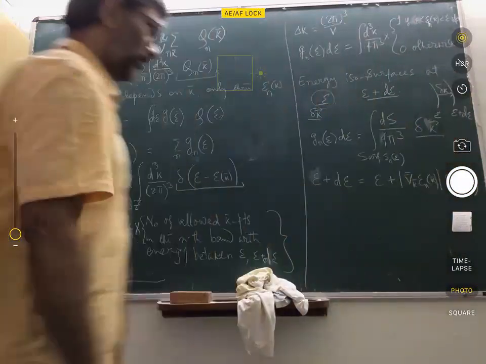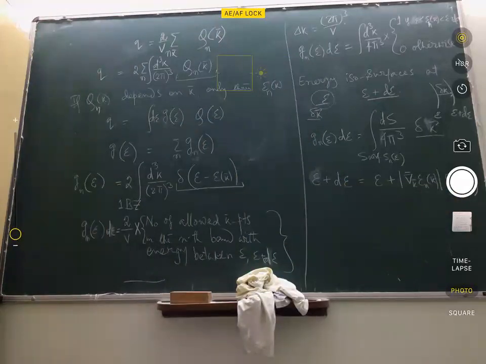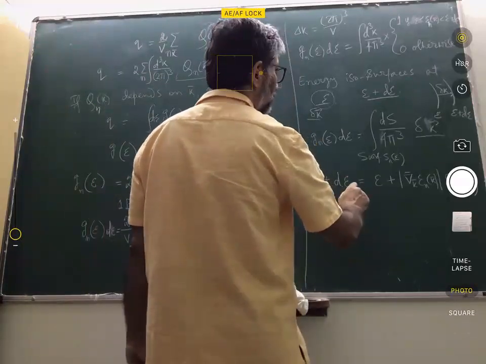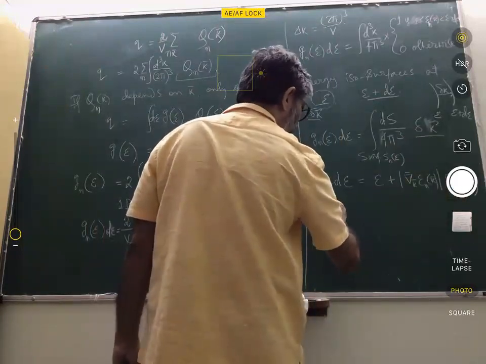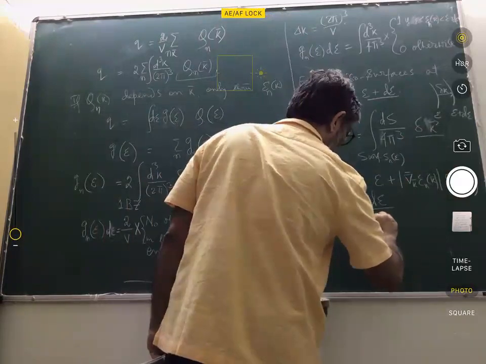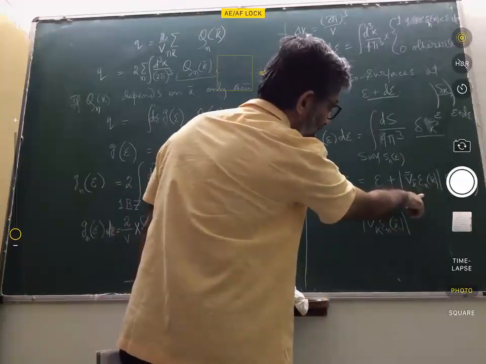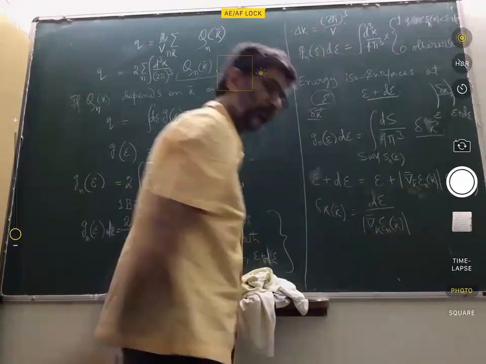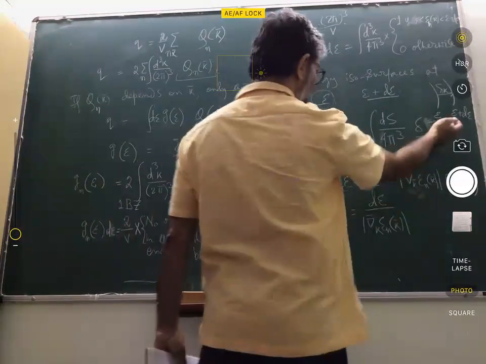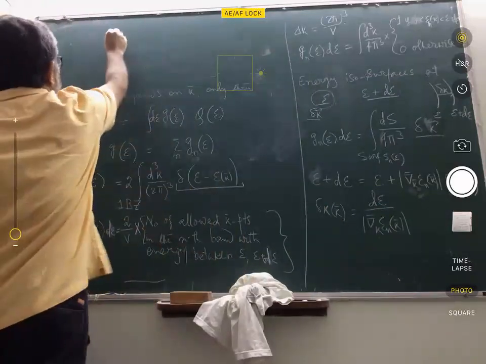So epsilon plus d epsilon is obviously this. From this, what I have is the same thing, so don't get confused. Remember, this is the k space gradient of epsilon. Then we'll just plug this over here. So eventually, what we get is, and this is the important thing.